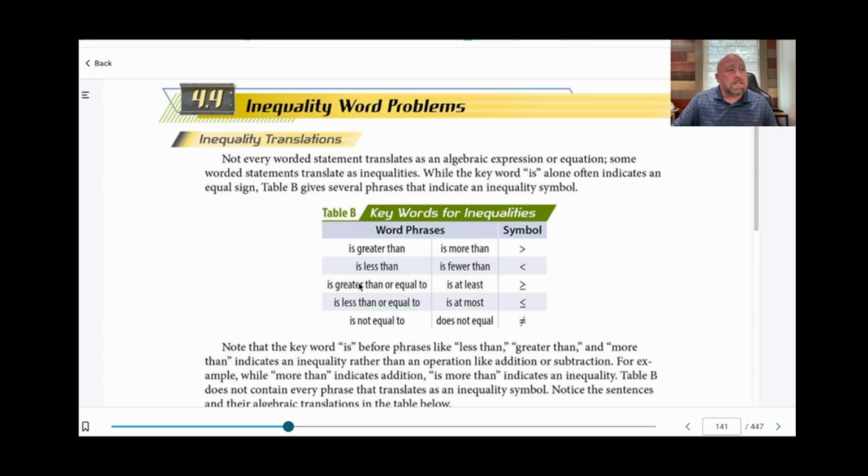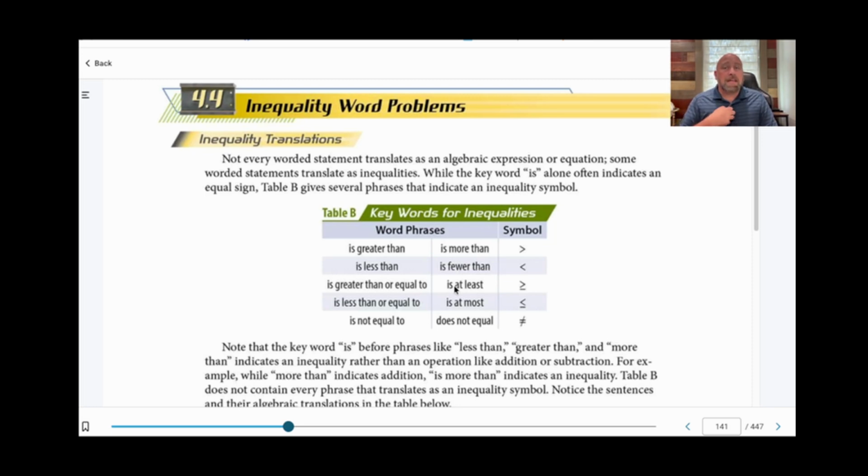The next one is "greater than or equal to," and we'd use the greater than or equal to sign. But then they might say something like "is at least." For example, there are at least 12 players on the team. In other words, that could be 12 or it could be more than 12.